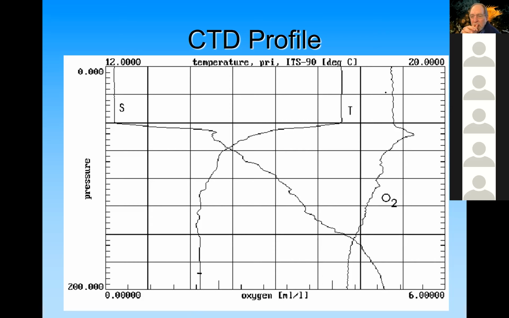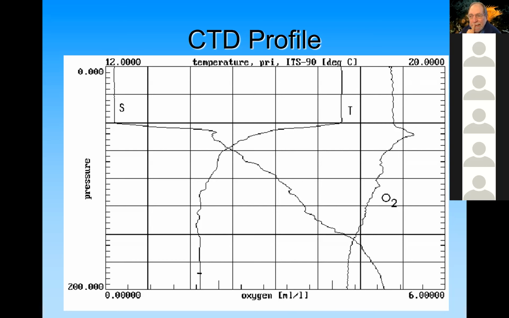And then likewise, here's oxygen. Oxygen is also constant down to this depth here. It doesn't start changing immediately, but as soon as you get under, there's a peak. So the oxygen actually increases, and then it decreases slightly. And so the concentration of oxygen is less at 200 meters than it is at the surface.